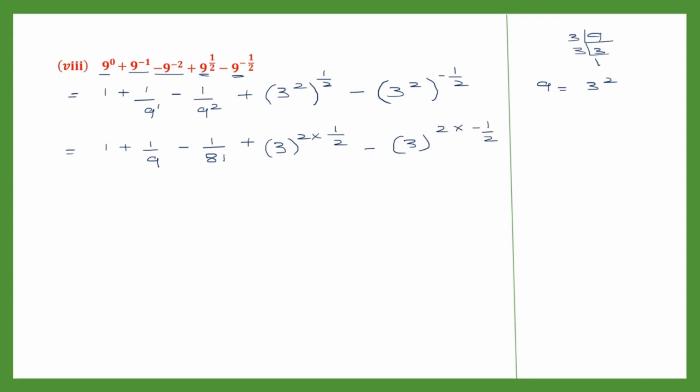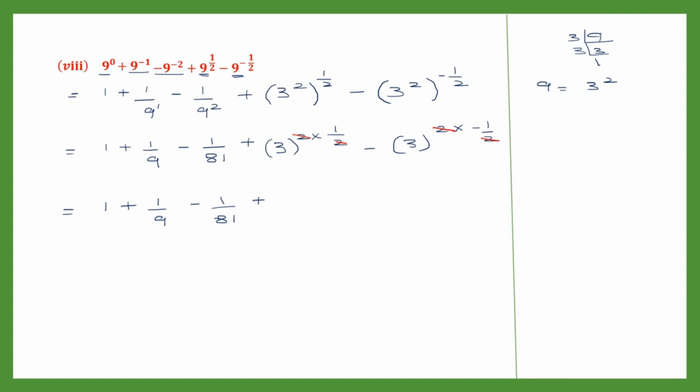So here let's continue. Now here this is 1 plus 1 by 9 minus 1 by 81 plus, now here this 2 and this 2 get cancelled. That's why we changed this 9 into the power form like this, so that we can cancel. So this has got cancelled. Now what is left is just 1. Similarly here also 2 gets cancelled and we have minus 1.